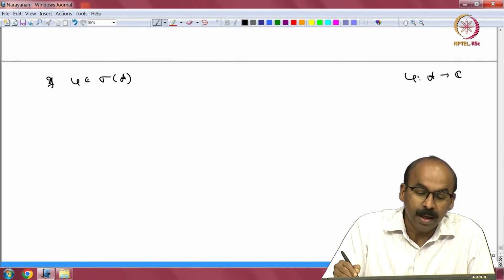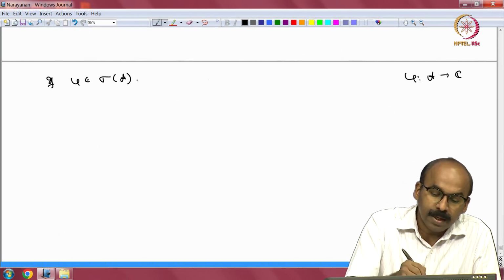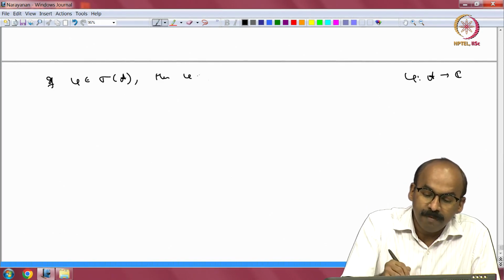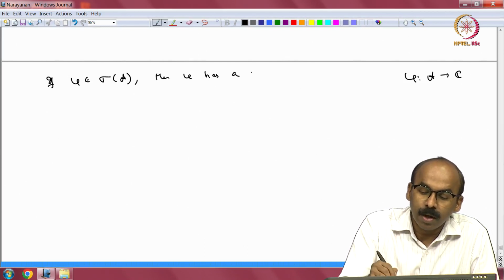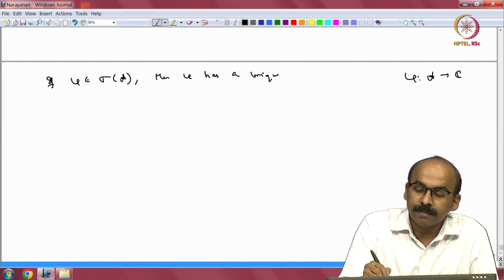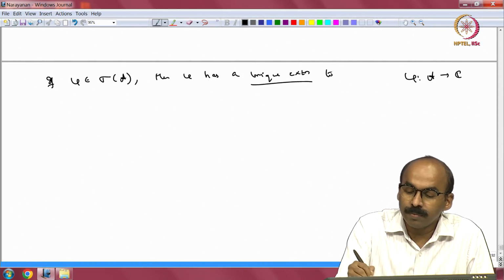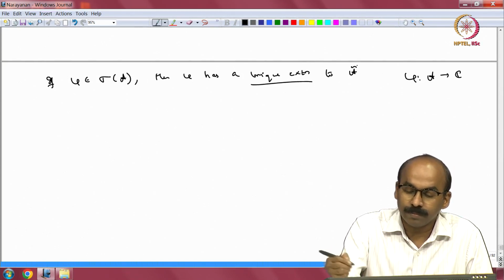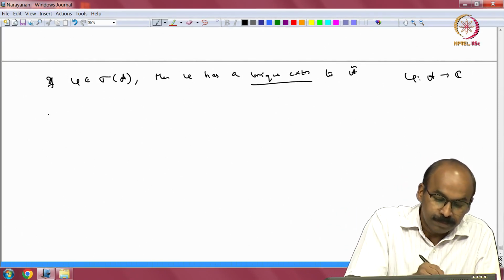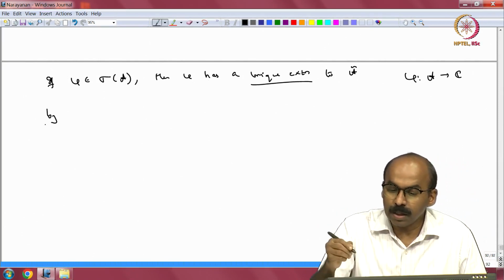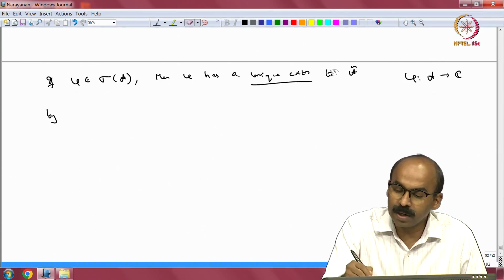Okay. So, if phi is in sigma A, then phi has a unique extension to A tilde. I should give some names for the extension.